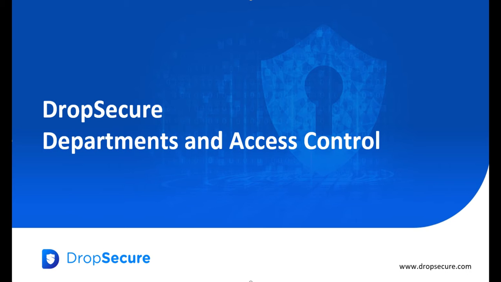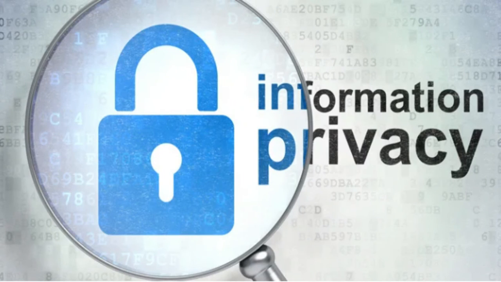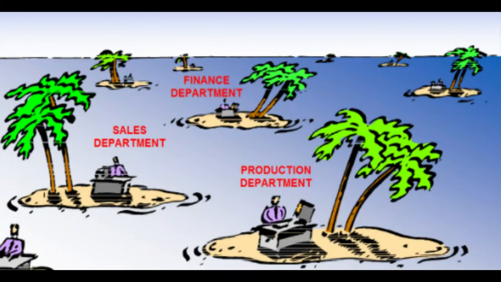In this demo, we will focus on the departments and access control list, a very important concept for secure folders. If your IT department has access to all the documents and other departments like finance and HR want to limit that visibility, then department solves that problem by having an isolated island for each of those business units or departments.